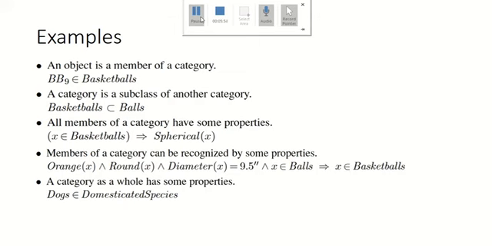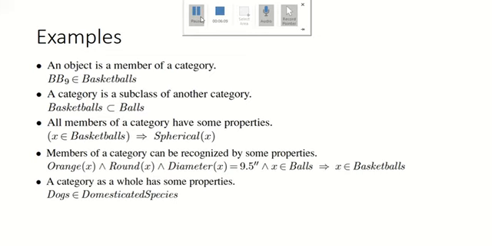Let's take some more examples to represent real world knowledge into categories. The very first example is to represent an object as a member of a category.